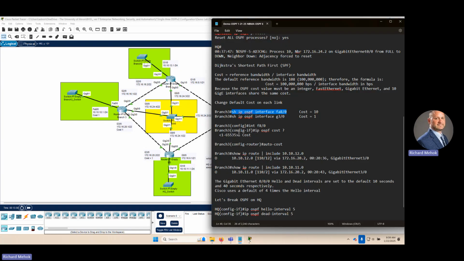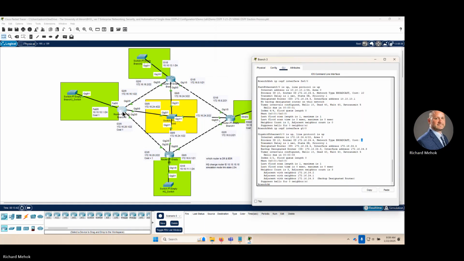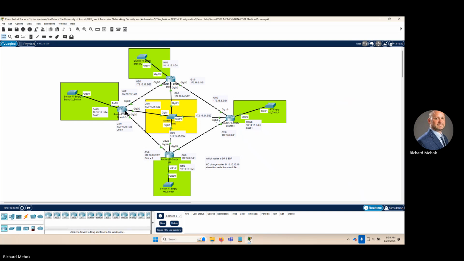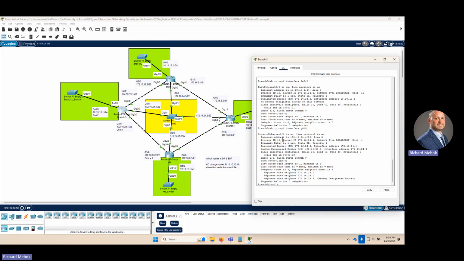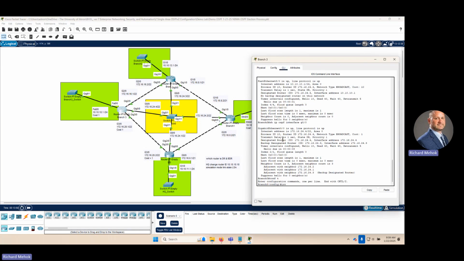So what we can do is do auto cost. So we go to Branch 3 and do interface and an OSPF. So config t, int Fast Ethernet 8/0.